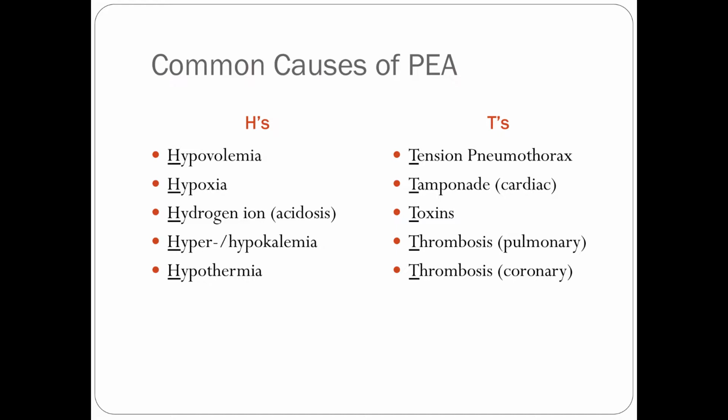We can do something about every one of these H's in the pre-hospital setting. If we look at the T's on the right, tension pneumothorax, we can fix that. Tamponade, cardiac tamponade, can we fix that? We can't fix that, but we can recognize it and get someone who can perform pericardiocentesis and relieve it.